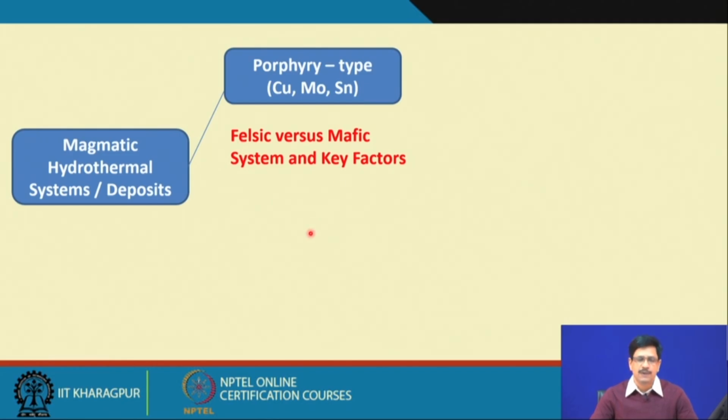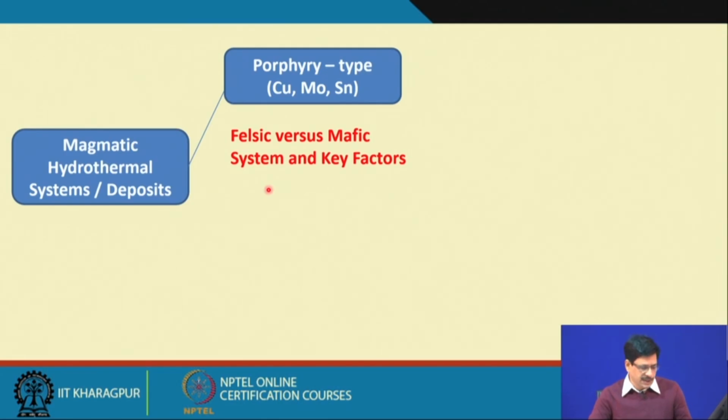So, we must understand what is so special about this felsic magma compared to the mafic magma, which is dry. This felsic magma we can call wet magma, or the magma which is charged with lots of volatiles, water being the dominant species, the halogen species, chlorine, fluorine, sulfur-bearing species, sulfur dioxide and H2S, depending on the oxidation state of the magma.